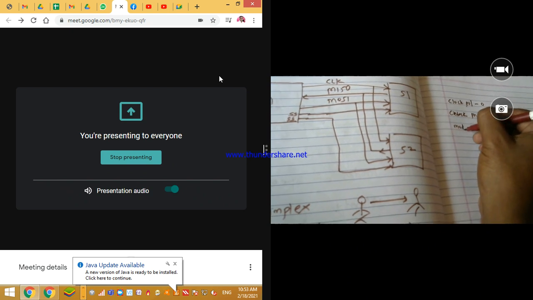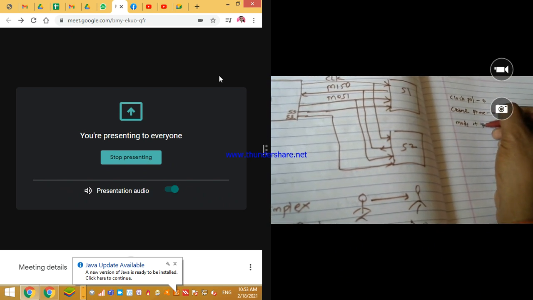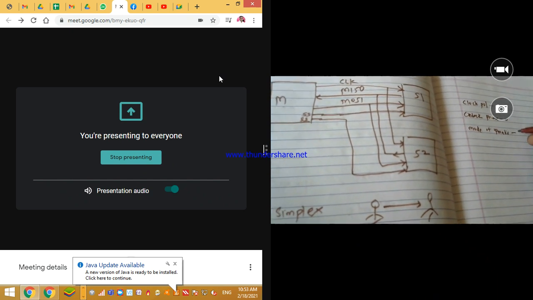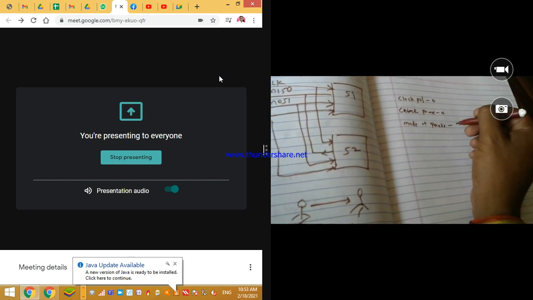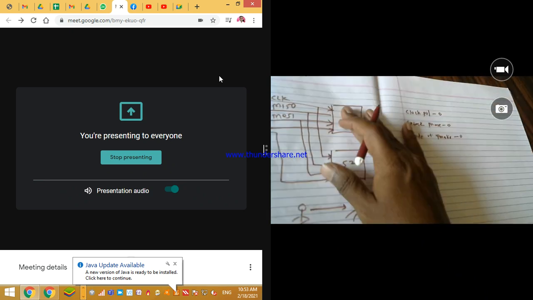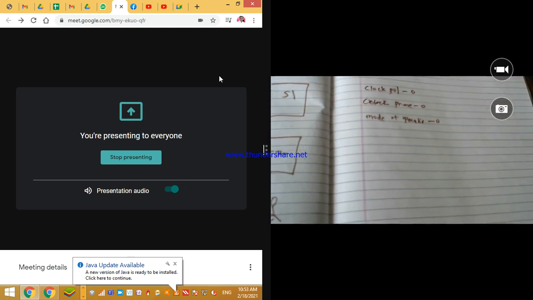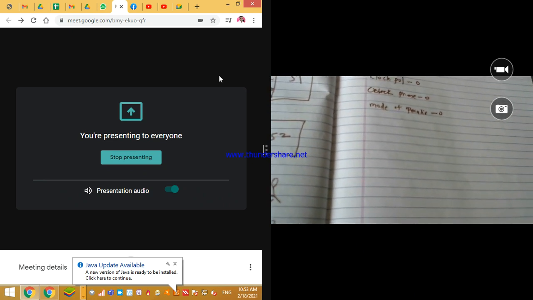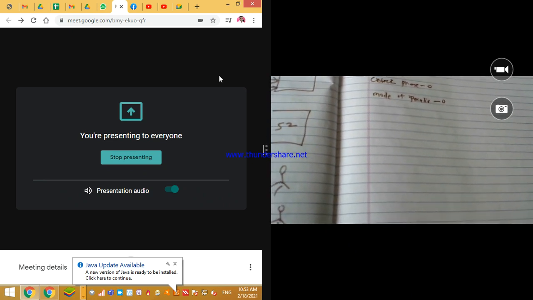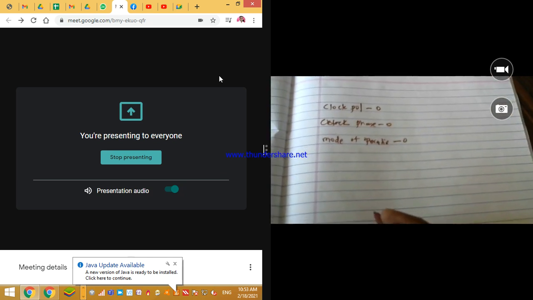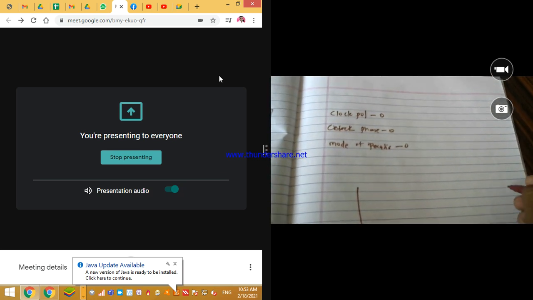The mode of operation is also 0. And how it will work, that we have to see with the help of a timing diagram.